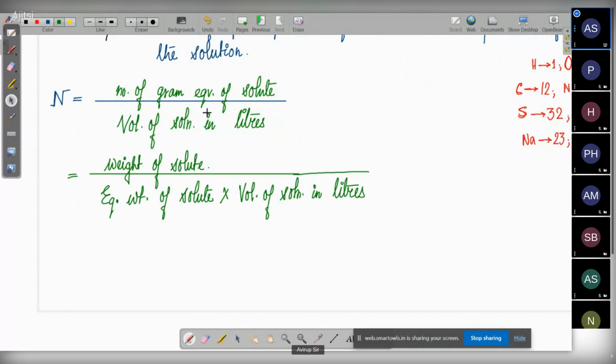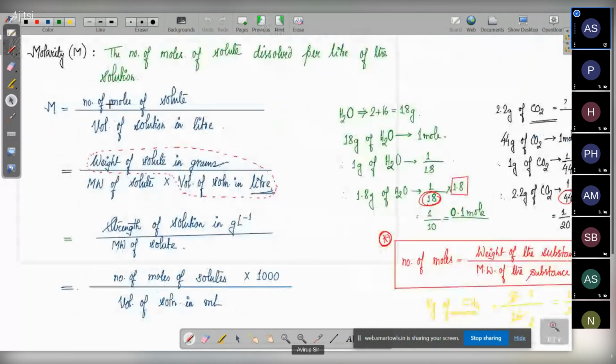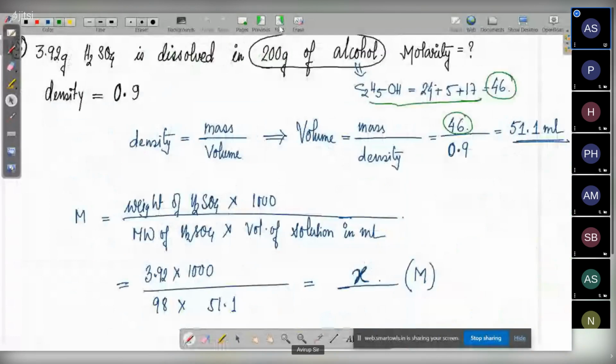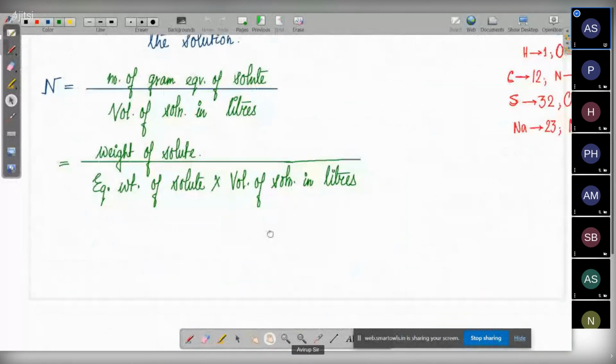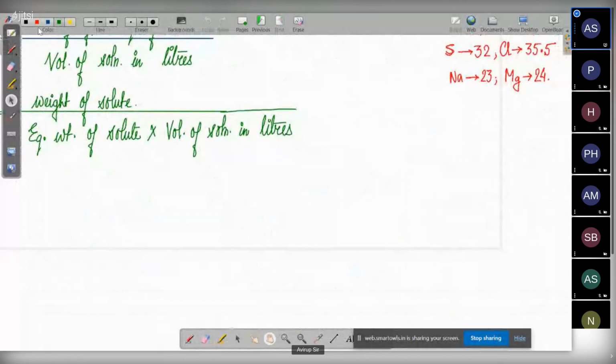Just like you have calculated the number of moles as weight of solute by molecular weight of solute. That was our calculation for number of moles. Number of moles was weight of the substance by molecular weight of substance. So similarly, number of gram equivalent is given by weight of the solute by the equivalent weight of solute.